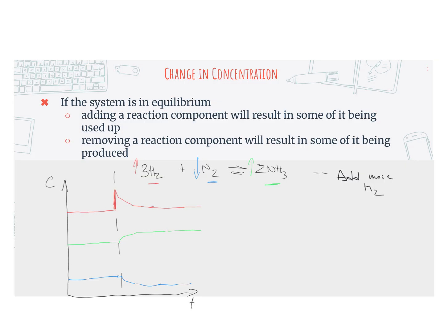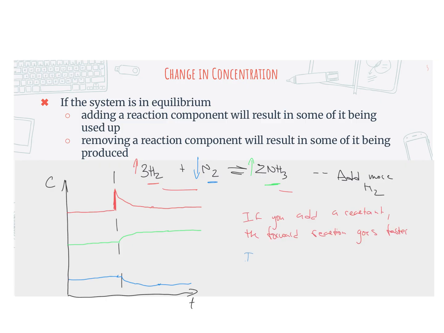As soon as I added in something onto my left side of the reaction, my right side increases to compensate. And so if you add a reactant, the forward reaction goes faster.